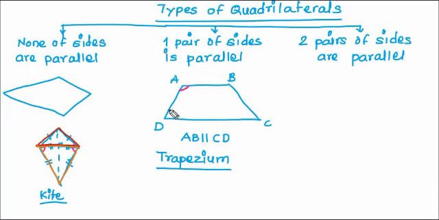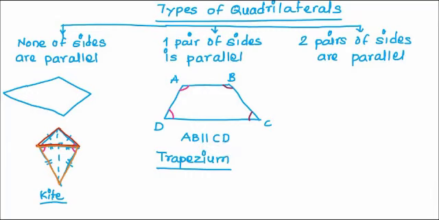These angles are supplementary because these two lines are parallel and AD becomes a transversal. We know these two are co-interior angles, and co-interior angles are always supplementary. These two angles are also supplementary. So this is a special property of a trapezium. The mandatory condition is that one pair of sides has to be parallel to each other.